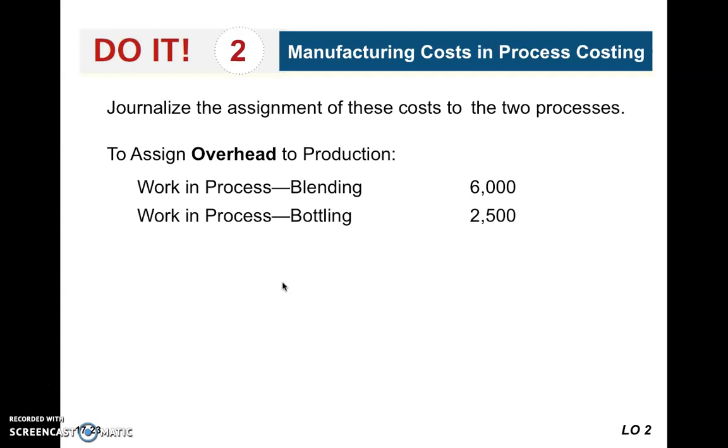Work in process for blending and bottling are debited, and then manufacturing overhead is applied the same exact way we calculated it, which was a predetermined overhead rate times an activity base. We use it also in chapter 17.